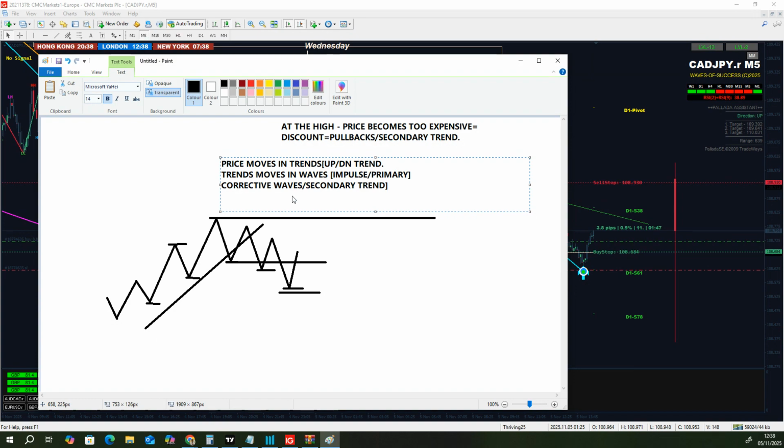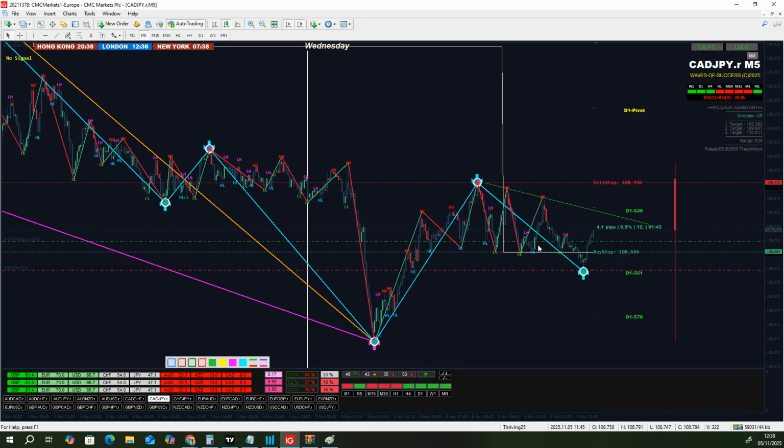And these waves are the ones that help us get into the trade at the best possible price. We call this an internal wave. The red and green lines are internal waves to this magenta line. The aqua line, sorry, is an internal wave to this magenta line.